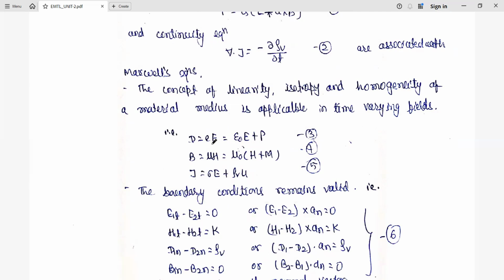And here we have D equal to εE, where P is for the polarization, and B is μH. And if magnetization takes place, we have μ0(H plus M), and current density J equal to σE plus ρV u. And these are the different boundary conditions in the different situations.